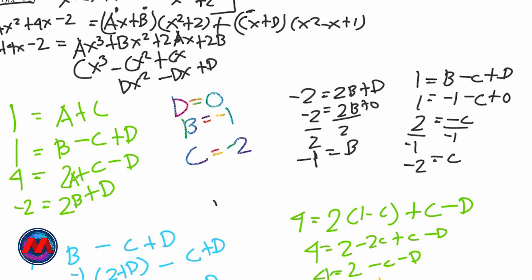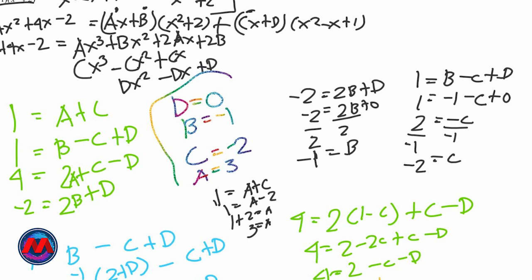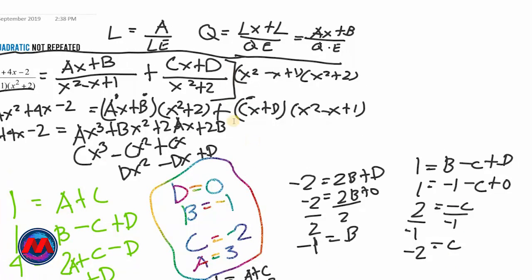So, since 1 is equals to A plus C, and C is equals to negative 2, 1, transpose natin sa other side, 1 plus 2 is equals to A. So, A is equals to 3. Grabe, nakuha na natin. So, A is equals to 3. Yun. So, ito yung values ng A, B, C, D mula sa mahabang proseso. Guys, congrats. Nahanap natin.